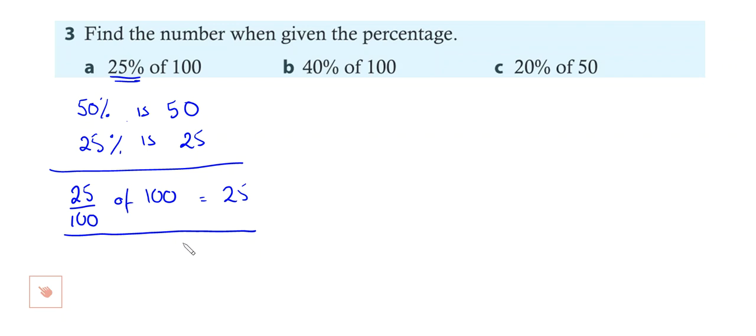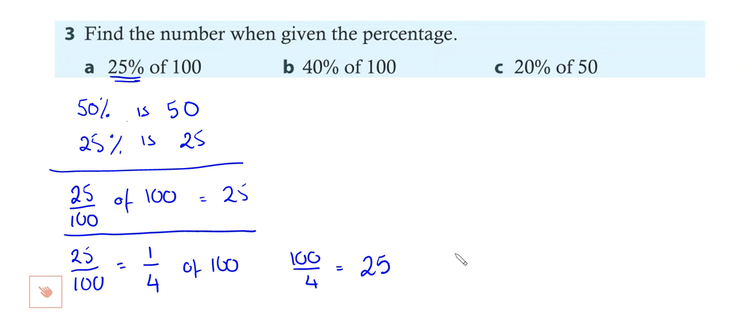I'm thinking that 25 out of 100 is the same thing as 1/4 of it. So 1/4 of 100, well, I can do 100 divided by 4 is 25.